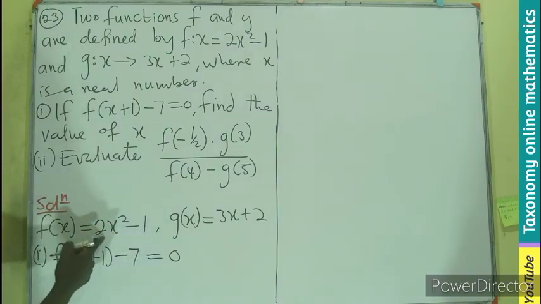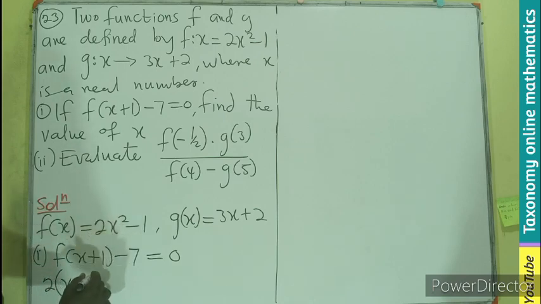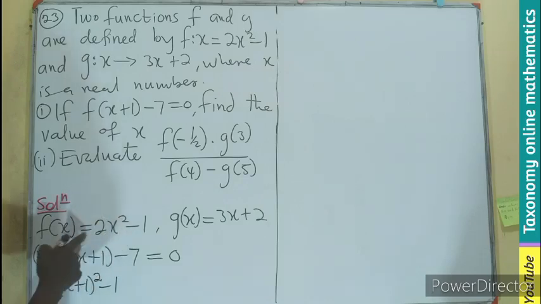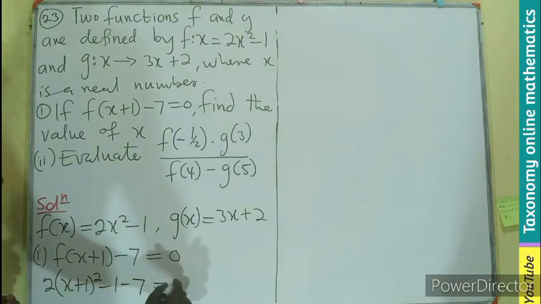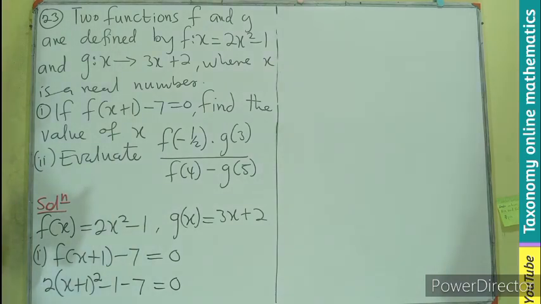Meaning from here, I'll be having 2 times x plus 1, the value squared, minus 1, which is the case of the function. Don't forget we have a minus 7, which equals 0. That is why I mentioned that we can deal with this one separately. When you are done, you introduce the minus 7. But I'm taking it together.